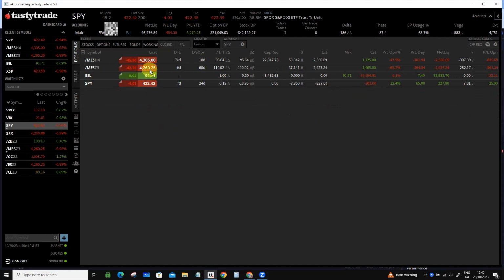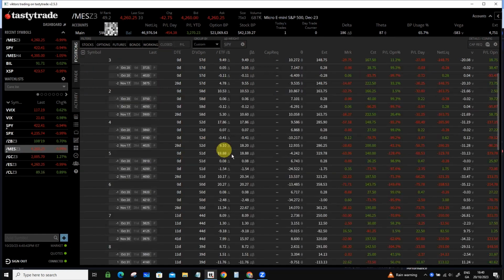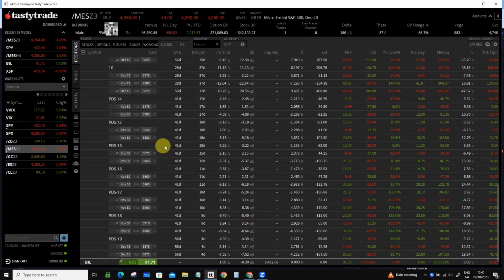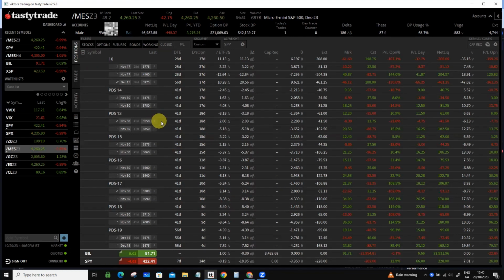Now let's take a look at some other trades in the account. All of these put debit spreads, and this is interesting to see, because we don't often have an opportunity to show how these one-to-ones work, because for the most part the market is not dropping 3, 4, 5% in a short period of time. Given that this trade is designed to withstand that kind of pullback, we don't often get to showcase that.